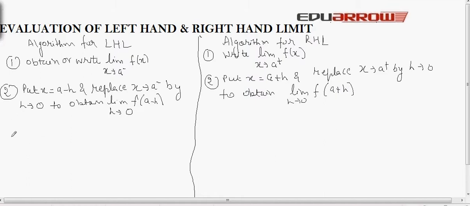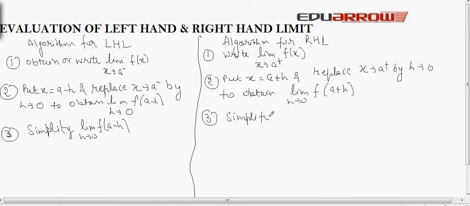Next step, simplify limit h tends to 0 f(a minus h). Here we have to simplify limit h tends to 0 f(a plus h).